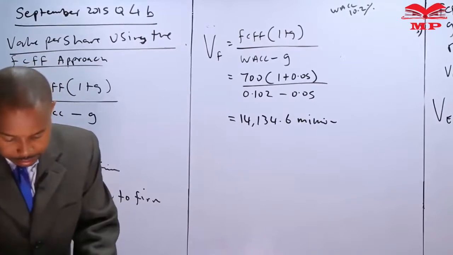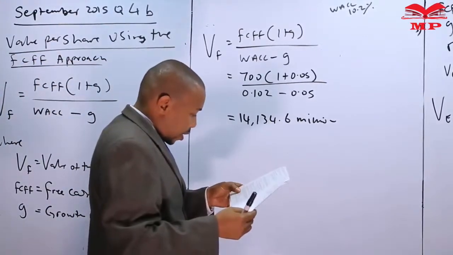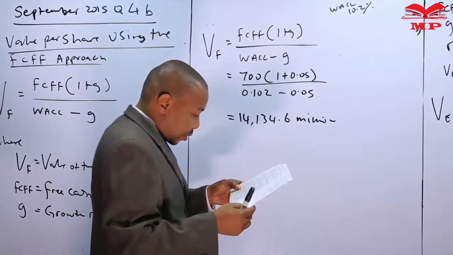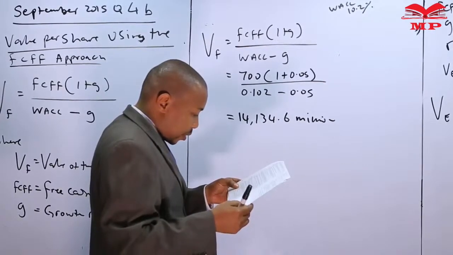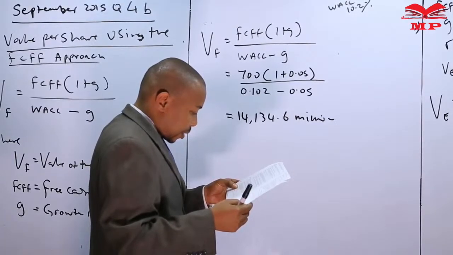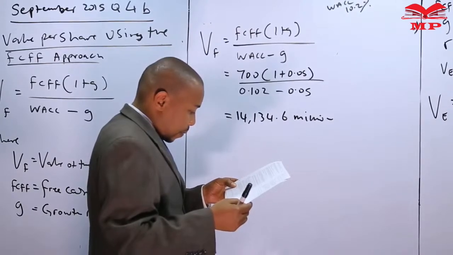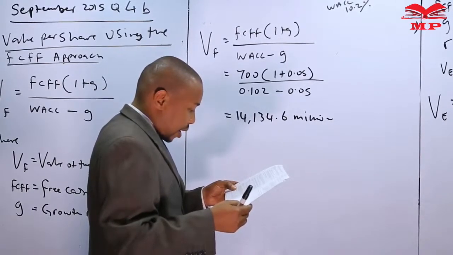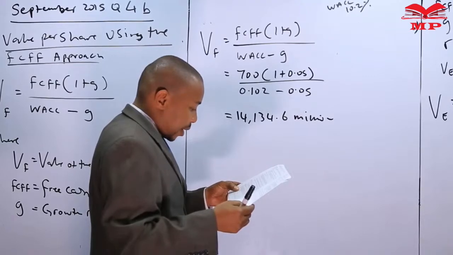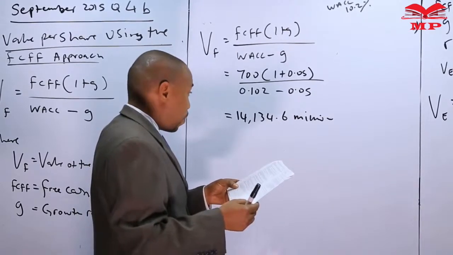In this case, do we have any outstanding debt? Yes, on the very last sentence, Signet Limited has debt outstanding with a market value of 2.2 billion.